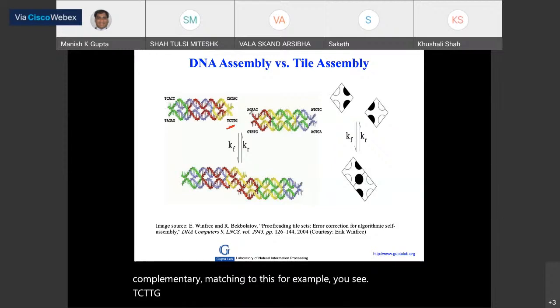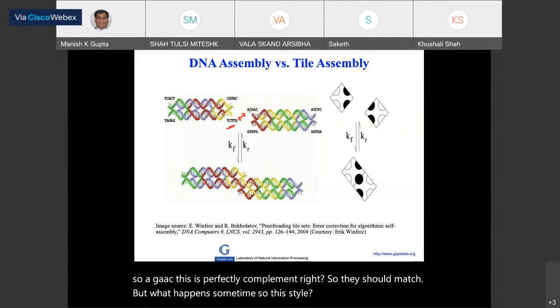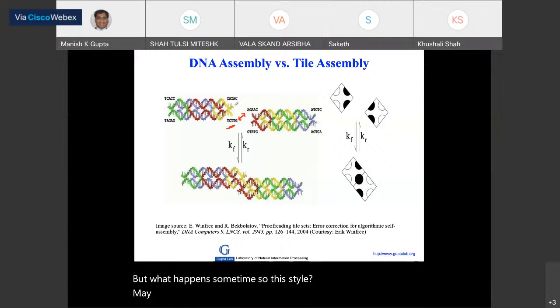So AGAAC, this is perfectly complement, right? So they should match. But what happens sometimes? So this tile may partially attach to something else also. There may be a possibility.